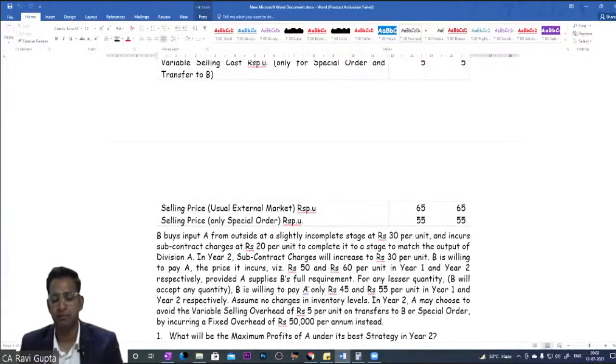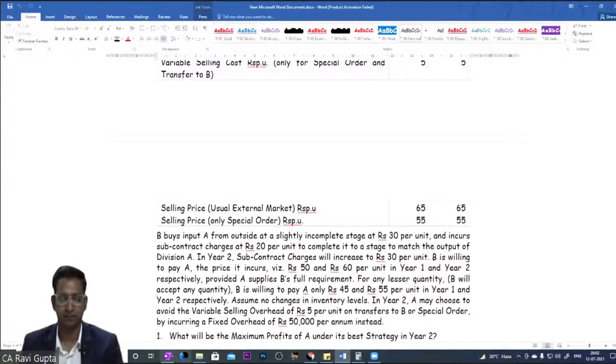Then division B will be willing to pay A only 45 rupees and 55 rupees per unit in year 1 and year 2 respectively. Assume no inventory, no change in inventory level. In year 2, A may choose to avoid the variable selling overhead of rupees 5 per unit on transfers to B or its special order by incurring a special fixed overhead of rupees 50 per annum.